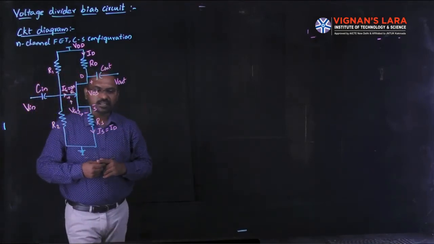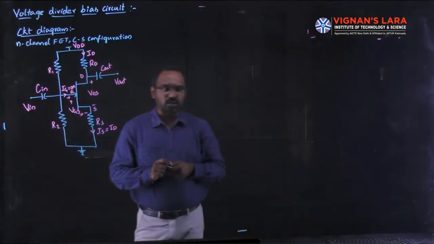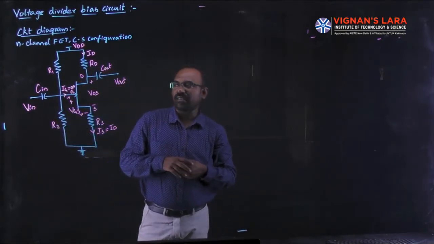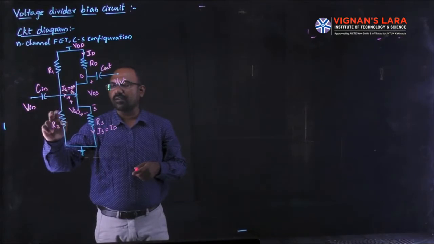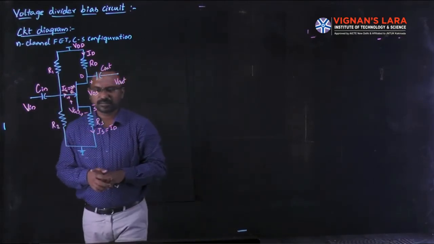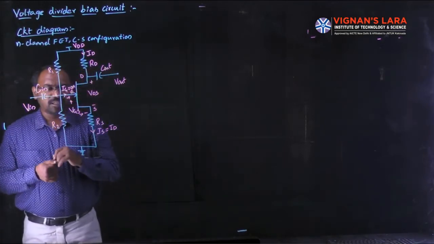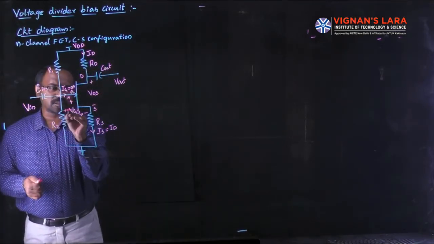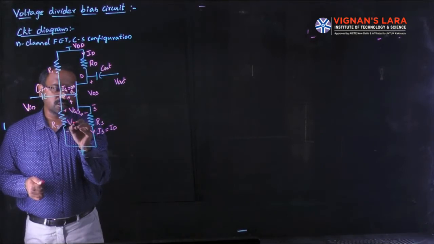So this is the voltage divider circuit. It is similar to the BJT one we used. So we have the resistances R1 and R2. The important point is that I am assuming the voltage drop across R2 as Vg.